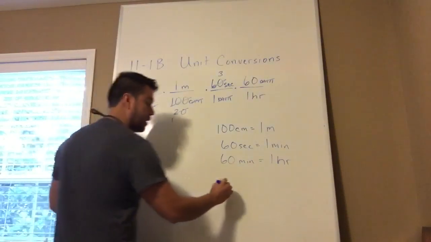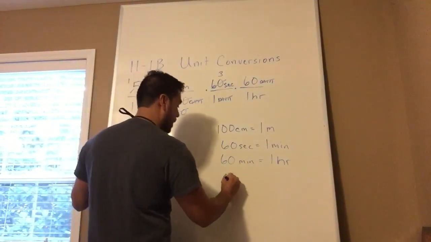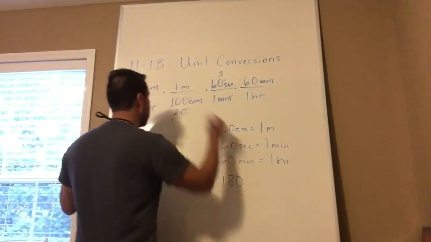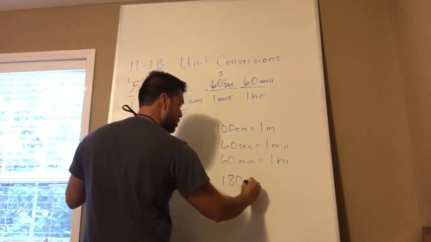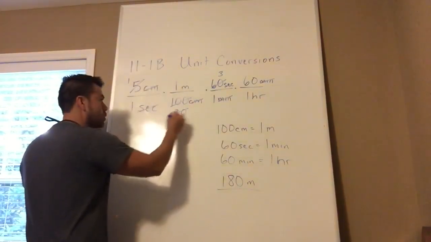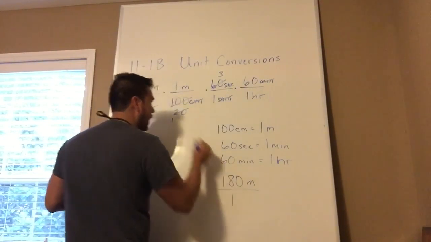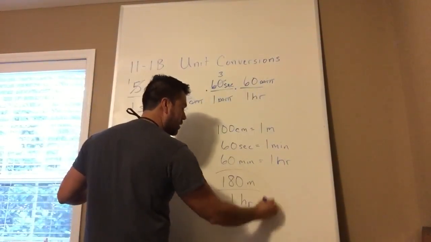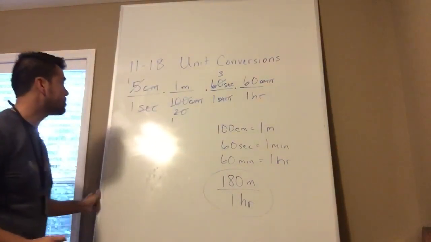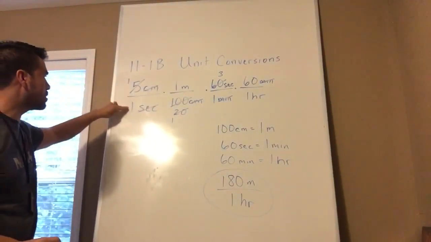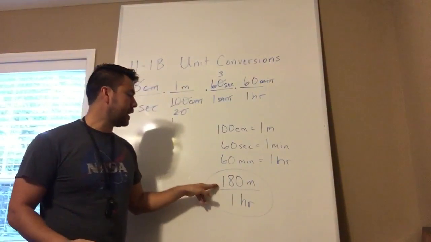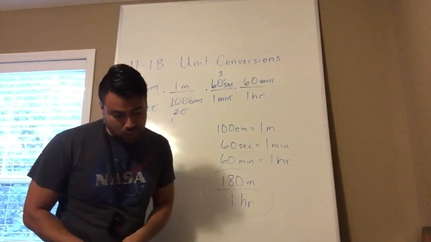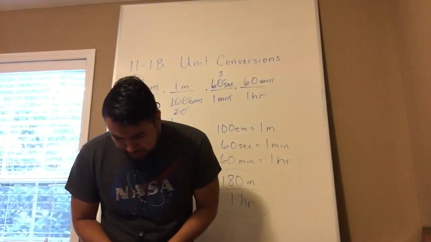That's going to get me, I hope this is right, yeah, 180. What's our unit left up top? Meters over 1 times 1 times 1 times 1, and then what's the unit down here left? Hour. So 180 meters per hour. So 5 centimeters per second converts to 180 meters per hour. That's what we're going to get on this problem right here.